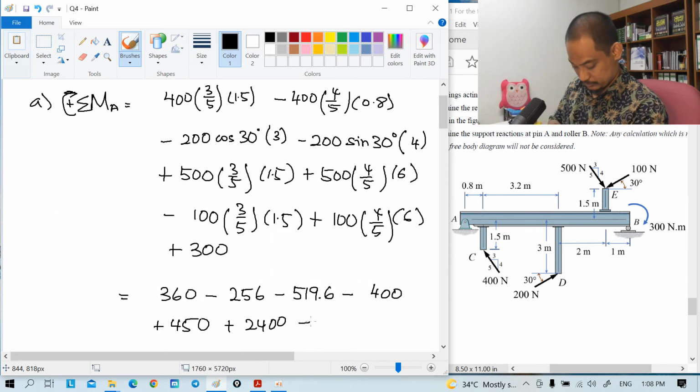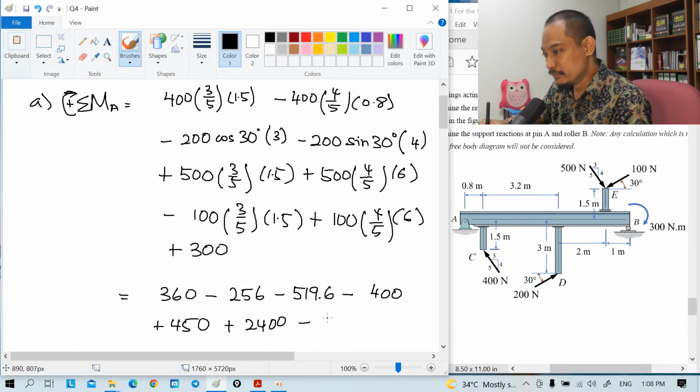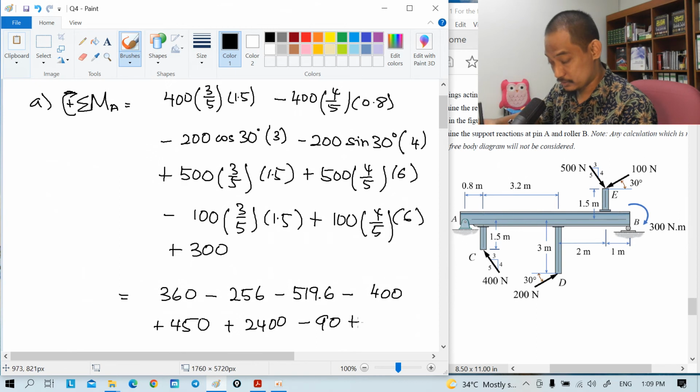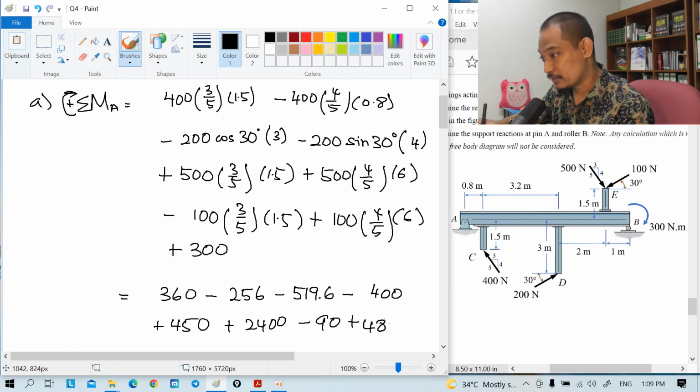Minus 100 times 3 over 5 times 1.5, which is 90. Then 100 times 4 over 5 times 6, which is plus 480, and then plus 300.